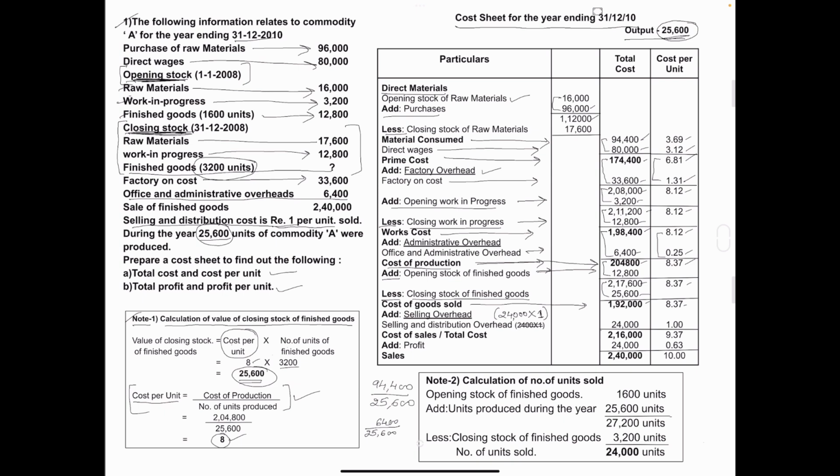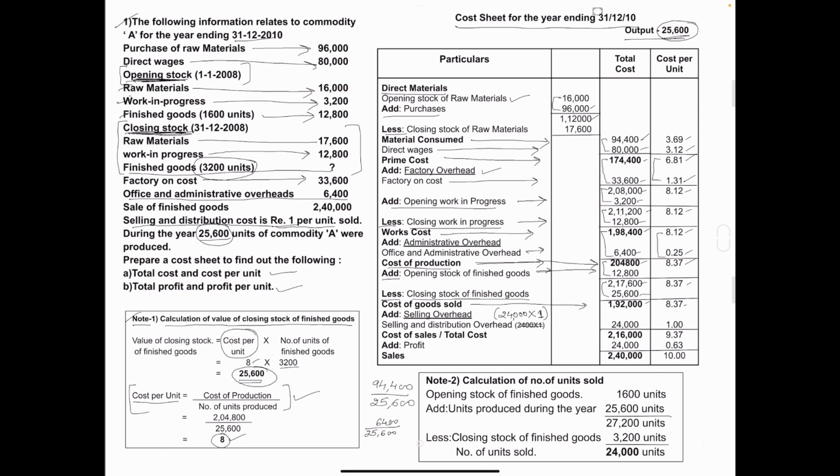In this problem they have given opening stock of raw material, closing stock of raw material, opening stock of finished goods, closing stock of finished goods, but they have not mentioned the number of units they have sold. But by taking the information from the problem, we can calculate the number of units sold.